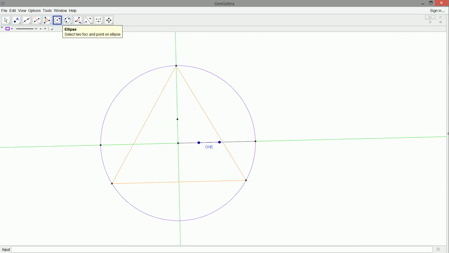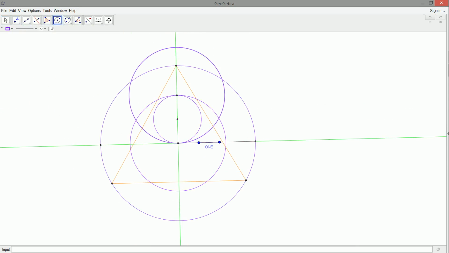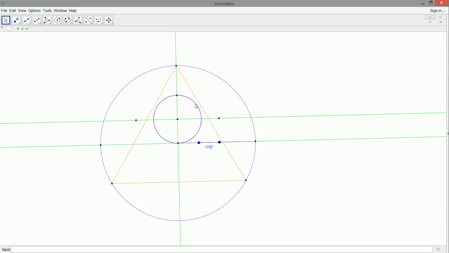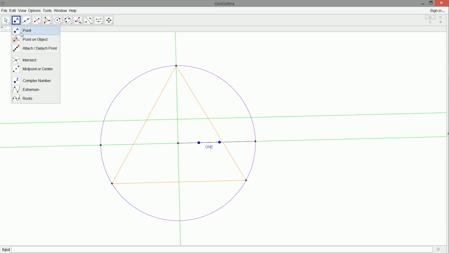Now we need a perpendicular line through this. And this gives us our points on the not-equilateral triangle, regular pentagon.